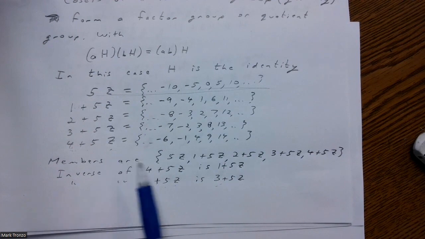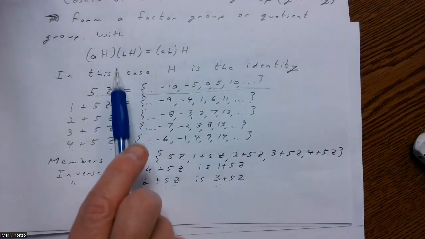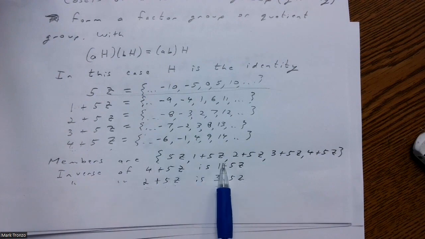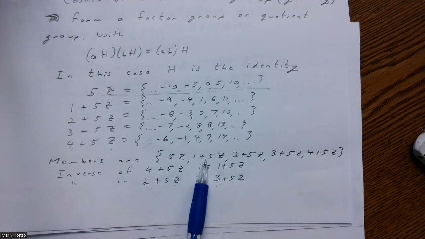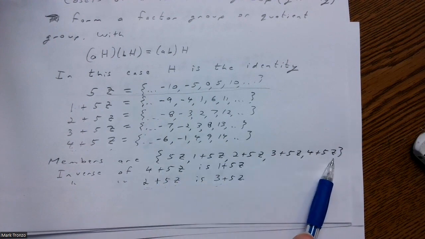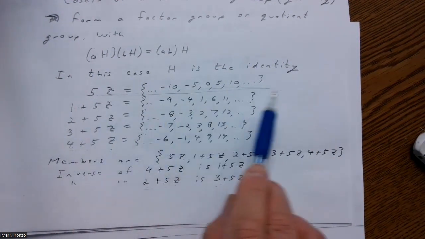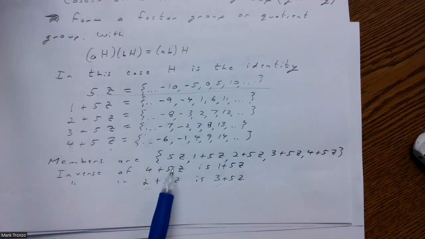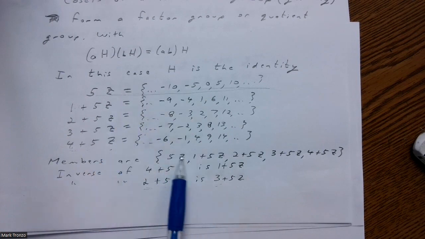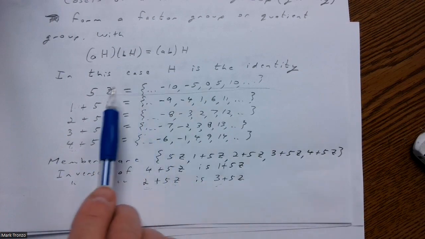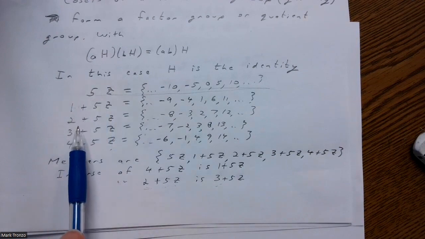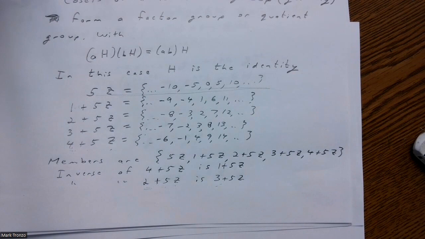So in this case here, the members of the group are 5Z, 1 plus 5Z, 2 plus 5Z, etc. These are the 5 members. And so now the members of the group aren't the individual numbers, but it's these whole sets. So these 5 sets become the 5 members of the group. Then one of those has to be the identity. So it has to be a whole coset, if that makes sense. Any other questions on that?